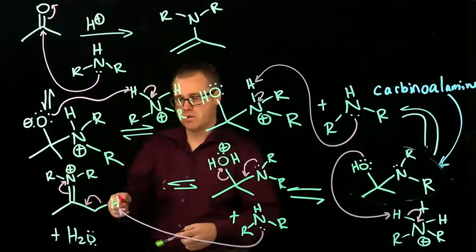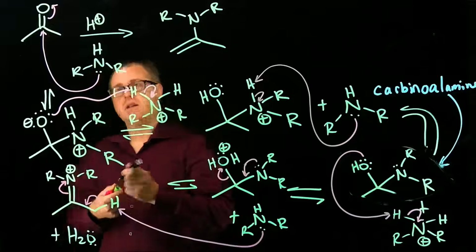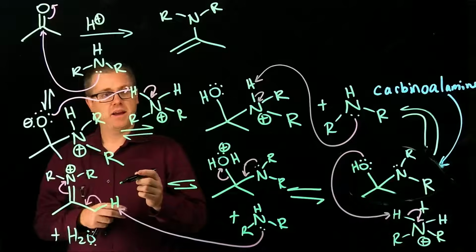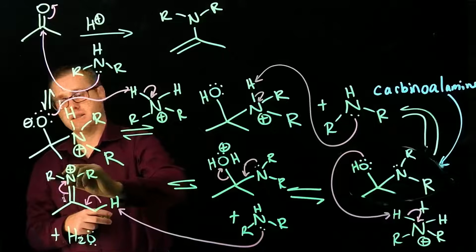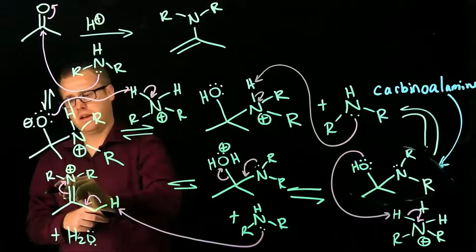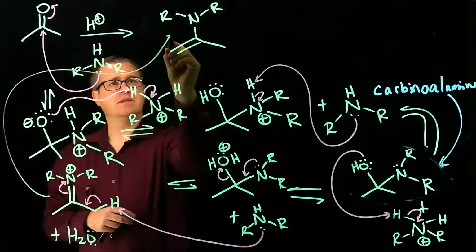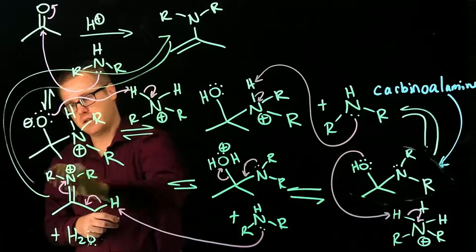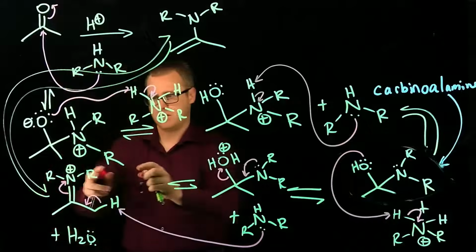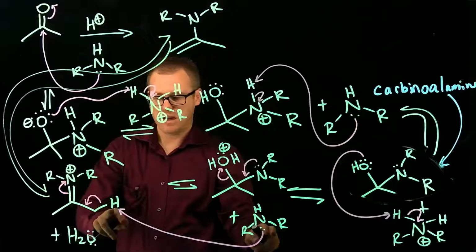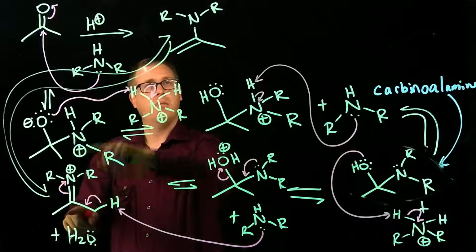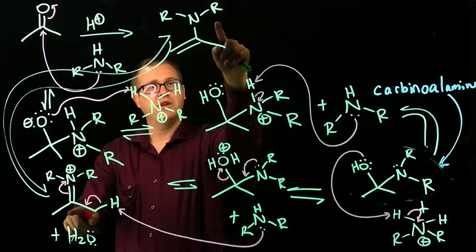And lo and behold, if I can draw my arrows right, this is a reversible process. Let's see here. So that gets us to our product. So this right here, we rip off a proton using the base, and then it goes right into our product.